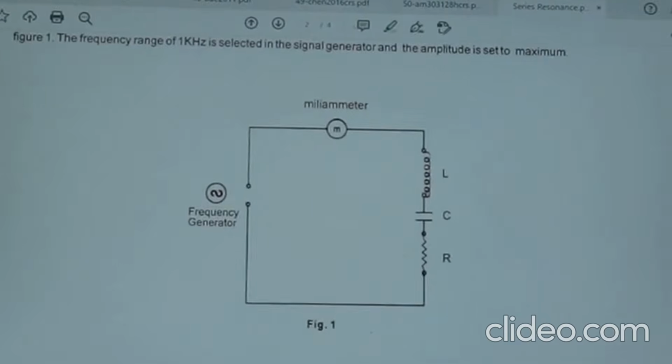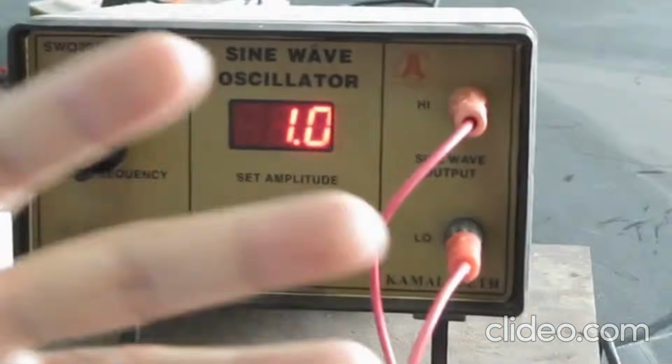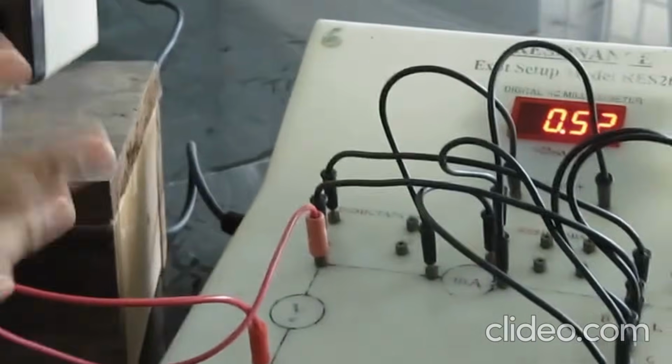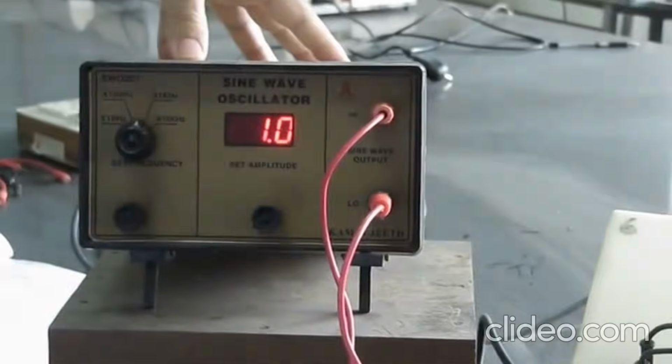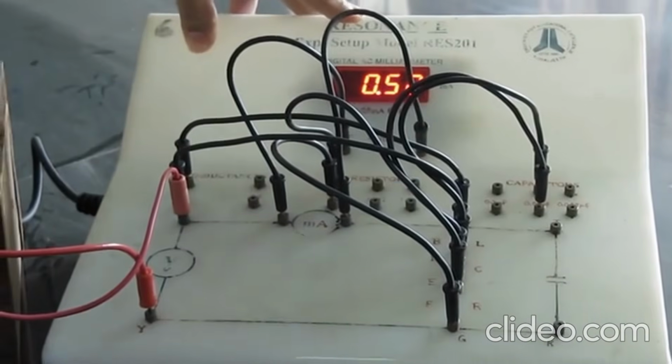Let me take you to the real experimental setup now. This is the real experimental setup which you will work on. There are two boxes: this is box 1, this is box 2. In box 1 you have the real circuit.